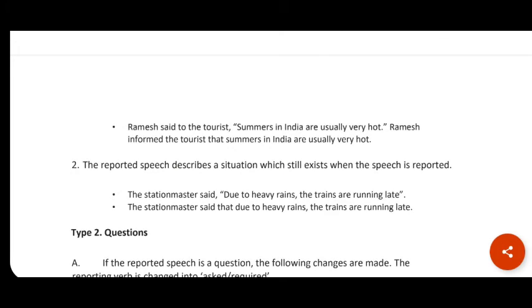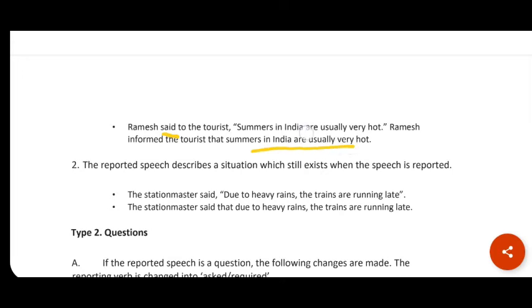Ramesh said to the tourist, summers in India are usually very hot. Ramesh said, again here the reporting verb is in past tense, but the tense of the sentence in reported speech will not change. So Ramesh informed the tourist that summers in India are usually very hot.